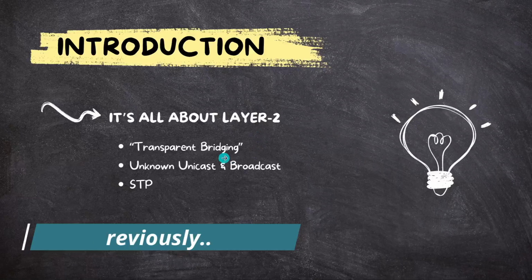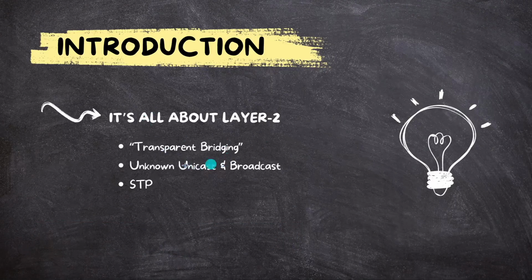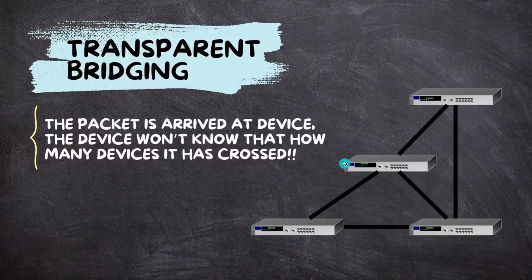In the last video, we saw these three terms: transparent bridging, unknown unicast and broadcast, and the basic meaning of STP. Transparent bridging means that whenever a packet goes over layer 2, we don't have information about how many hops the packet has gone through.